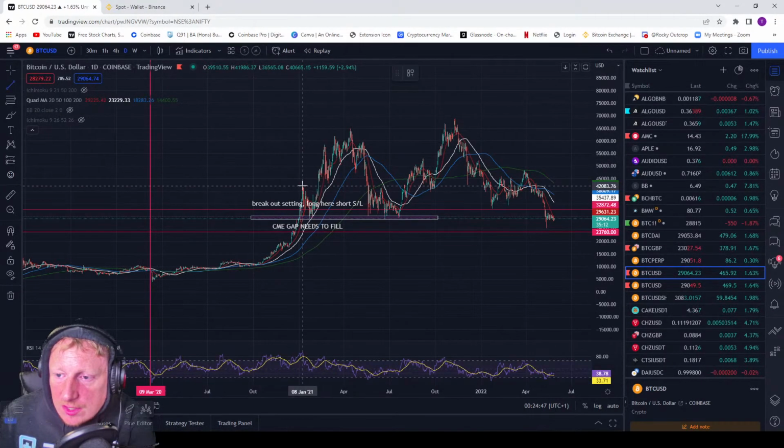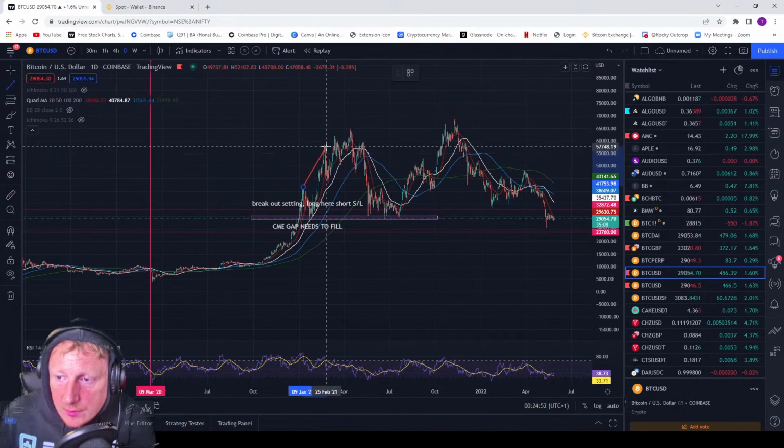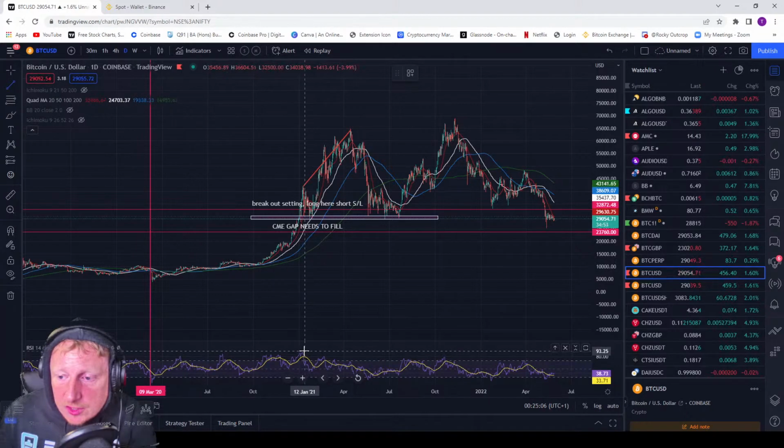All right, so here, let me do that again. Right, so we got a high, then it went down, then it went up, and we got a high, then it went down, went up, it went higher, then it went down, then it went higher. So we've got this definite uptrend on the price action. As that was going up at the tops, we had this top here.